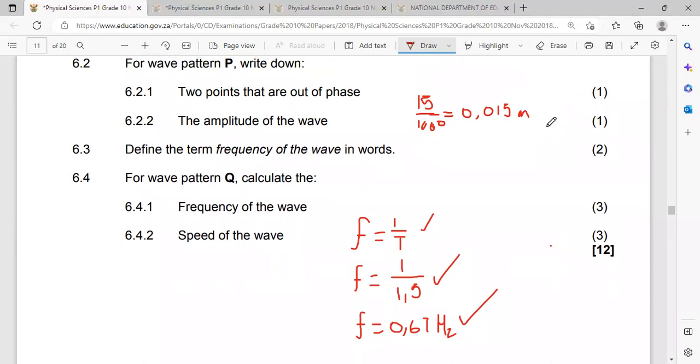You're gonna use hertz, which is also known as, I don't know whether your teacher writes hertz or per second? Okay, so you're gonna use hertz, meters per second, and seconds.